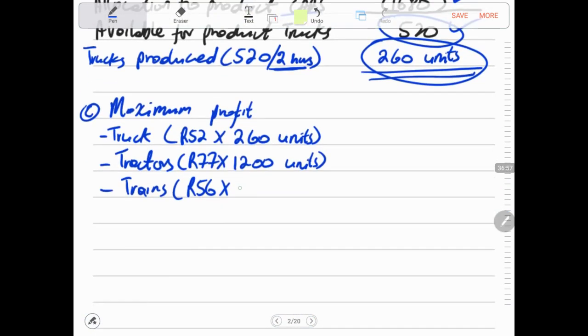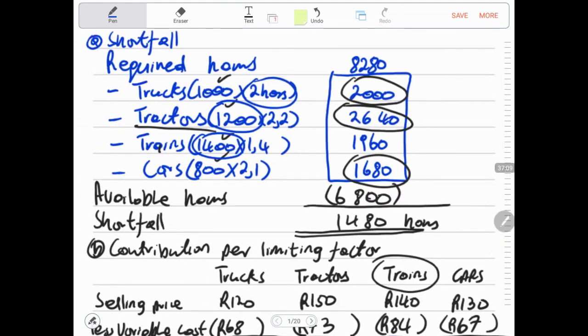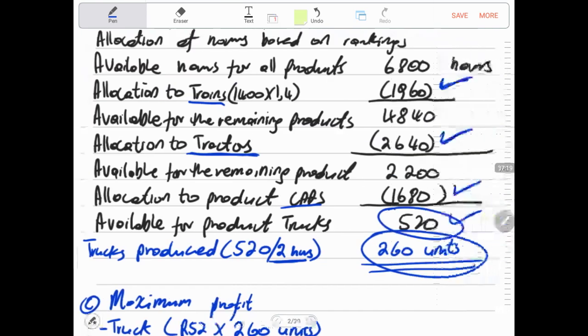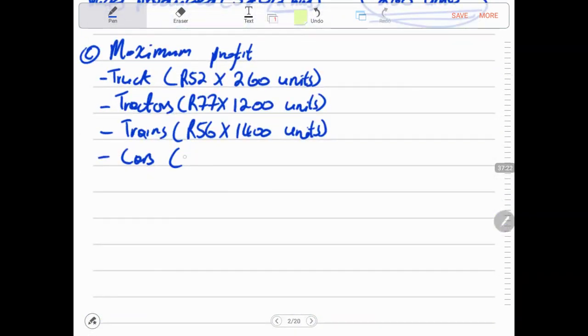We are calculating the maximum profit. Multiply by 1,400 units. Then now we come to cars. How many units we wanted to manufacture regarding cars? All the 800. The only one that we manufactured less was the trucks, which was 260, remember. The cars, all the 800 cars will be manufactured at the given contribution.